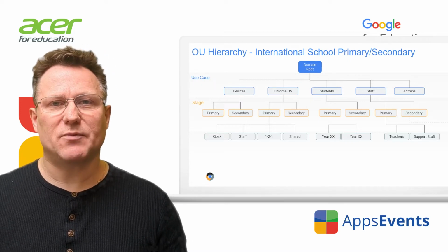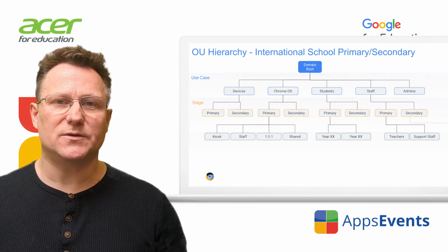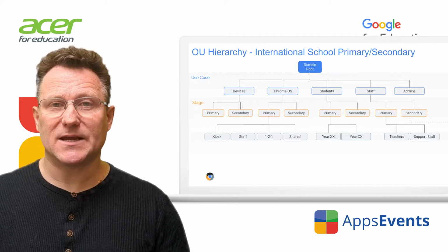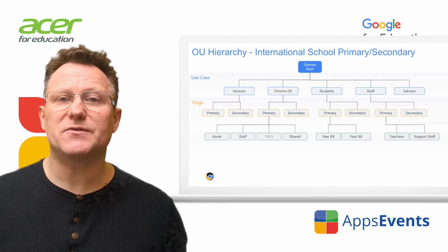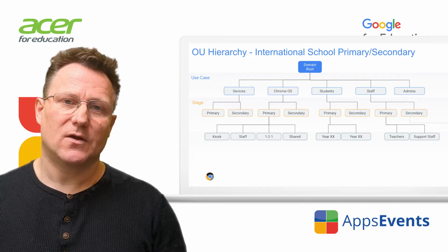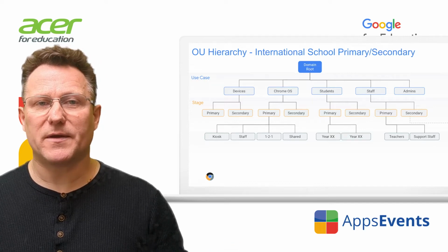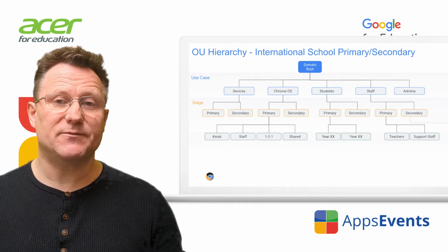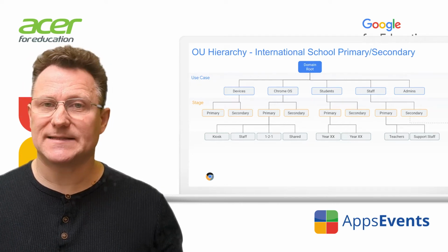So admins can set policies specific for primary or secondary school based on the initial use case. I've then got OUs for primary and secondary. This means I can set policies for primary staff separately from secondary staff if I wish. Or I can assign policies for primary school students rather than all students. This approach gives the most flexibility for admins and makes managing your Google Workspace deployment less complex.